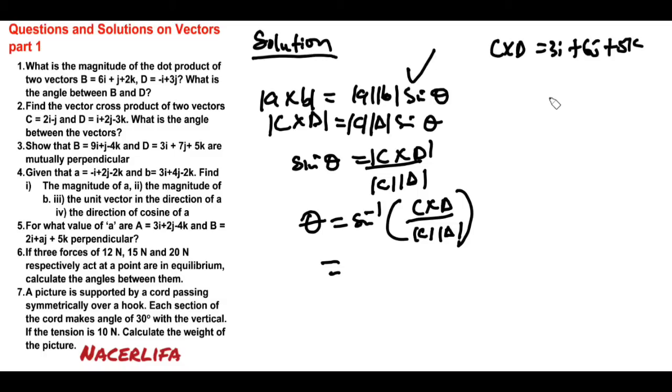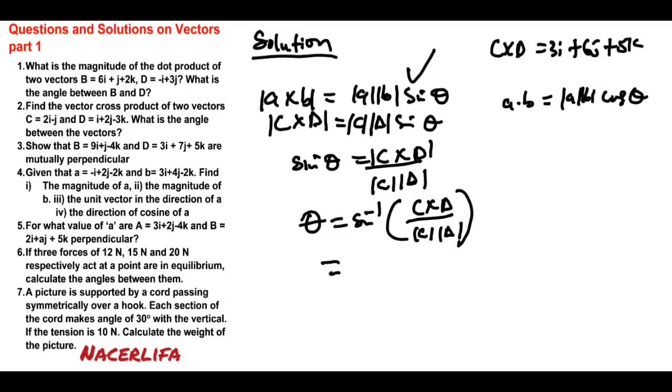Remember when we did the dot product, we said that A dot B equals modulus A, modulus B, cos theta. In this case, we shall take the modulus of this cross product, because if we don't do that, we won't achieve what we want to find.